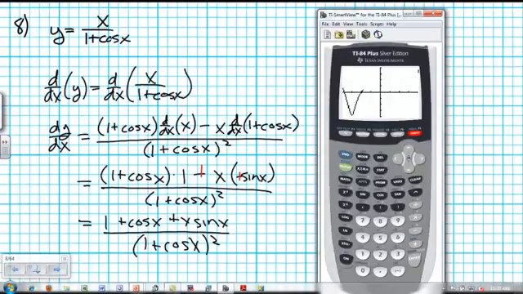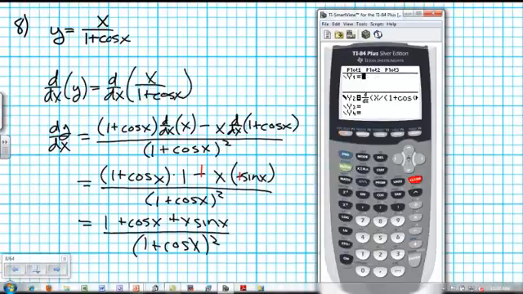There's the function I think is the derivative. Oh, something's wrong. Let's stop that. Now, is it my use of the grapher that's wrong, or is it something else?